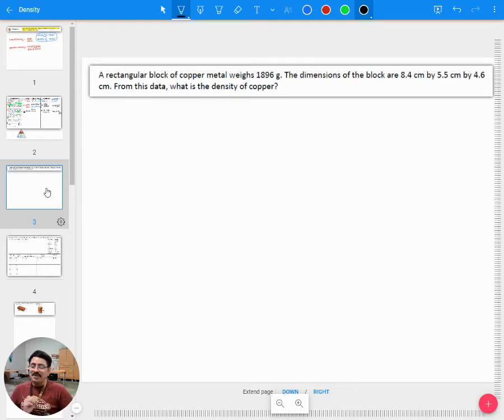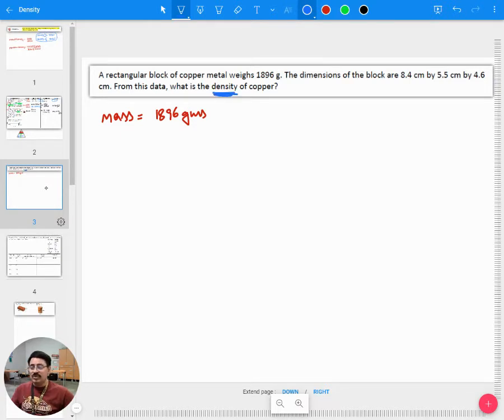I'm not going deep into the science, but let me consider weight and mass as the same at this point. So here I'm taking the mass of the copper block as 1,896 grams. The dimensions of the block are 8.4 centimeters by 5.5 centimeters by 4.6 centimeters.